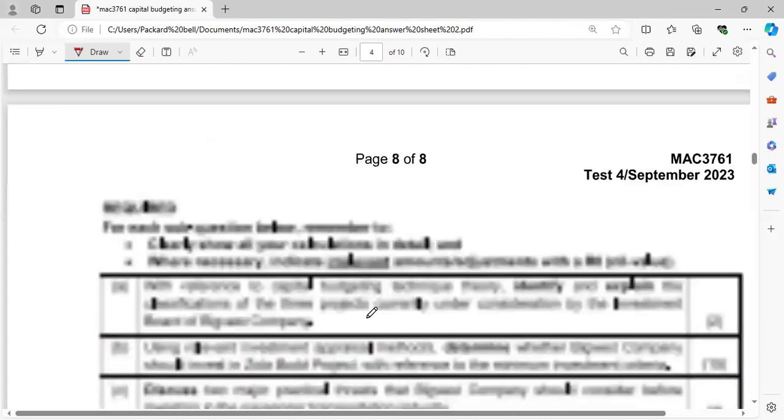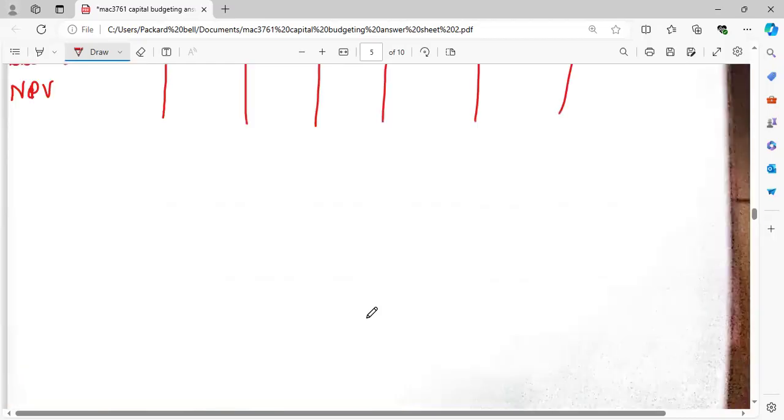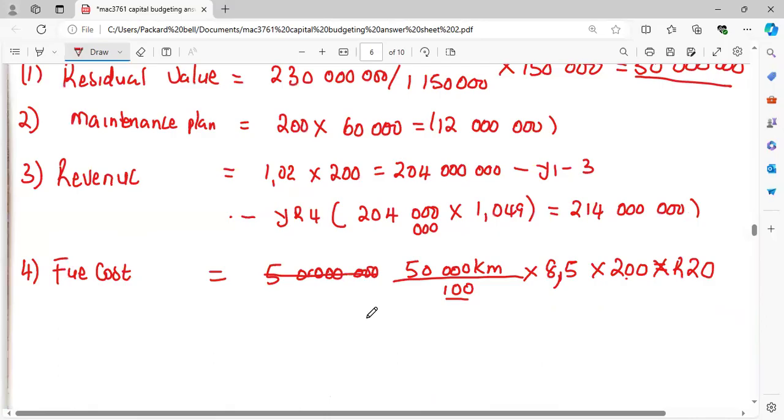Let's look at how much we are going to have there. Anyone who got the final figure for the fuel cost? It's 17 million. Right, so this is the fuel cost.